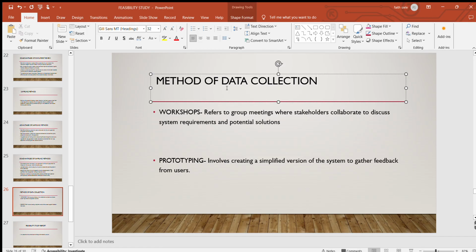It involves creating a simplified version of the proposed system to gather feedback from users, or even to test the system's functionality and usability.